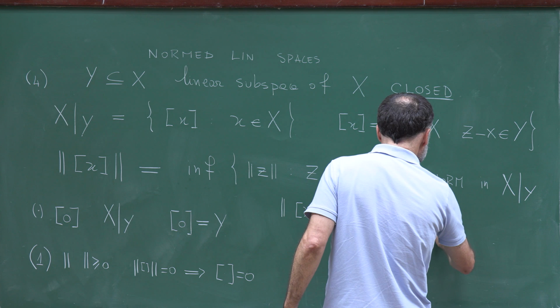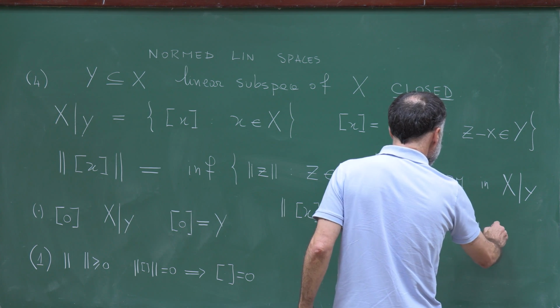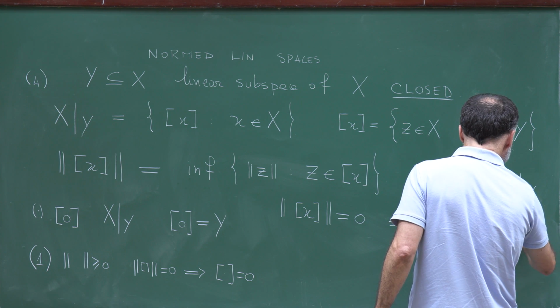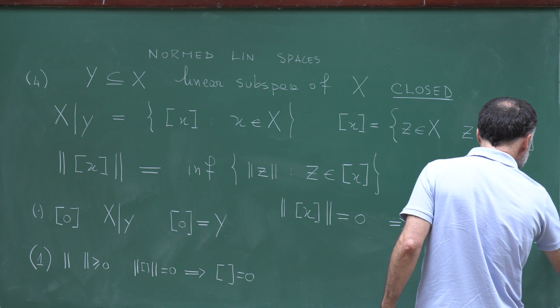So the infimum over all norms of z, such that z belongs to x, is 0.